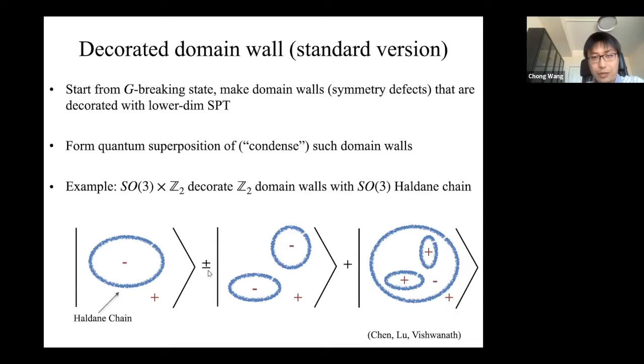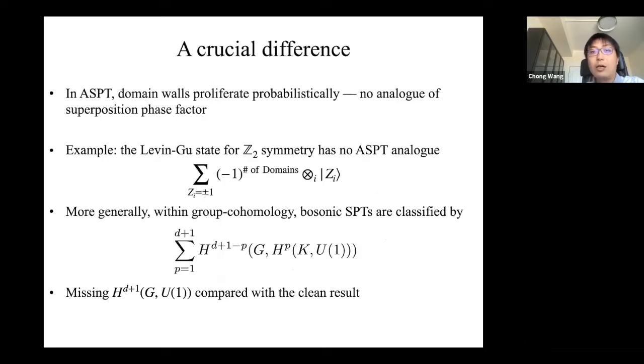For example, here I can choose a plus or minus sign, but as an average SPT, that choice has no meaning. There is no such thing as the superposition phase factor, and as a consequence, the SPTs that are non-trivial solely because of that phase factor become trivial once the symmetry becomes only an average symmetry.